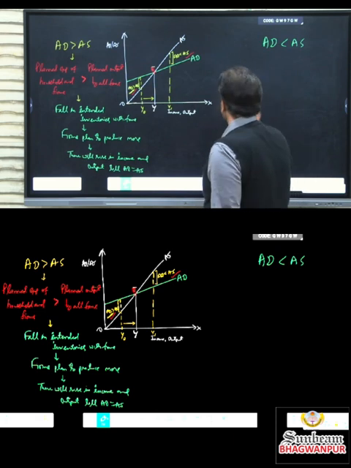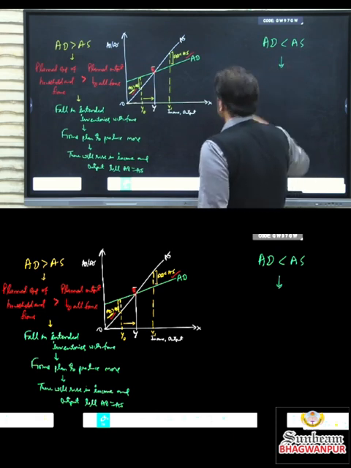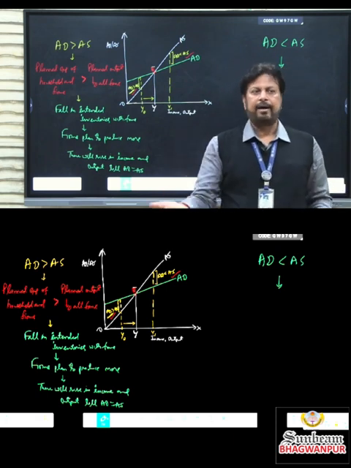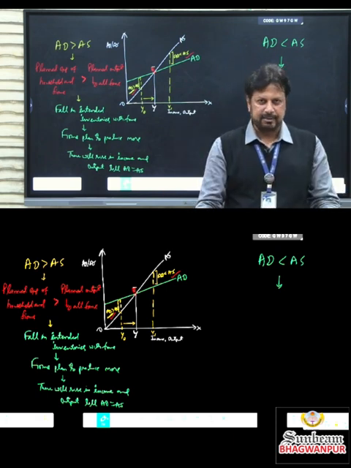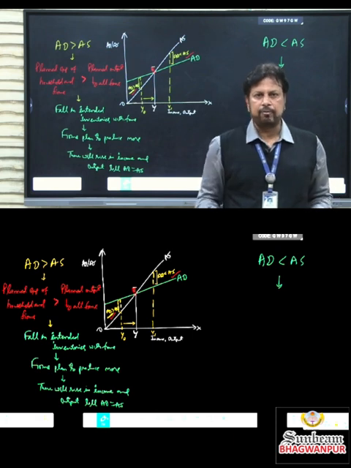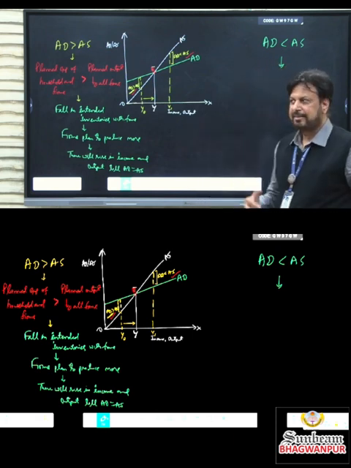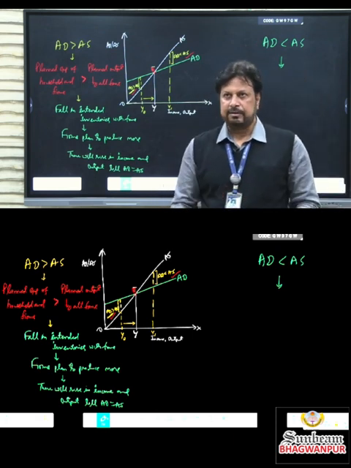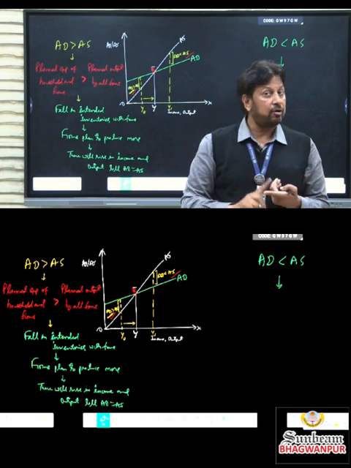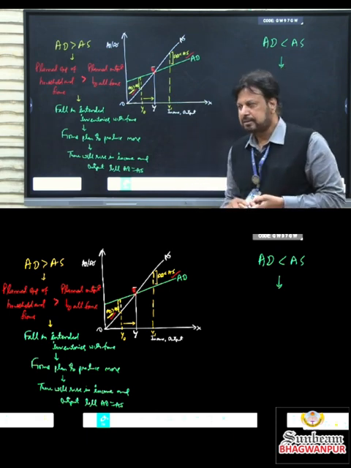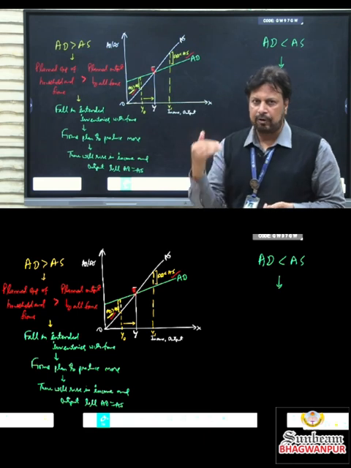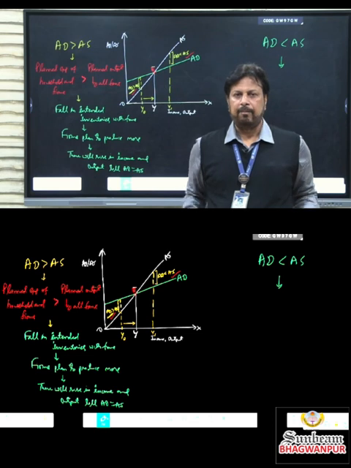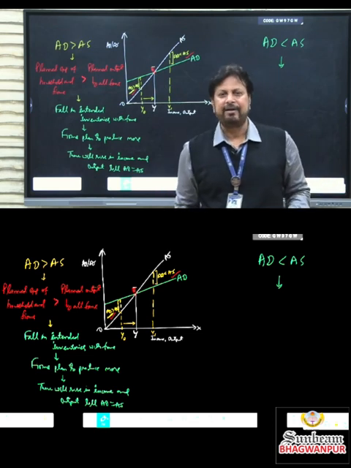So in this situation, when AD is less than AS, surely some part of total production will remain unsold, and that unsold part is going to increase inventories with firms. This inventory that is going to rise is not the desired inventory, because firms would not be able to sell the product because of deficient demand in the economy.